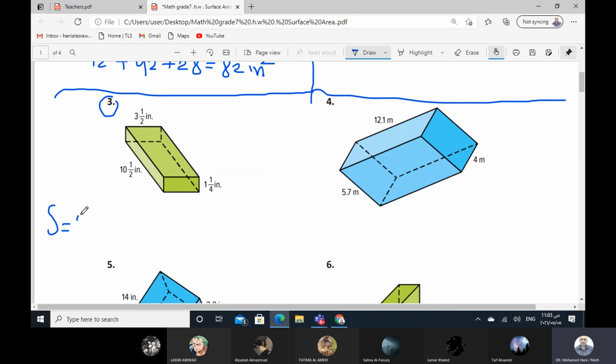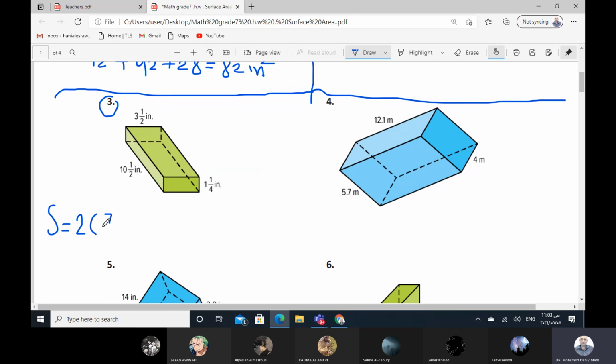And you can write here 2 times the area of the face. The type of this face, as you see here, is rectangle. We have the length here 3 and 1 over 2. We can change it to a fraction. 3 times 2, 6, 6 plus 1, 7 over 2.